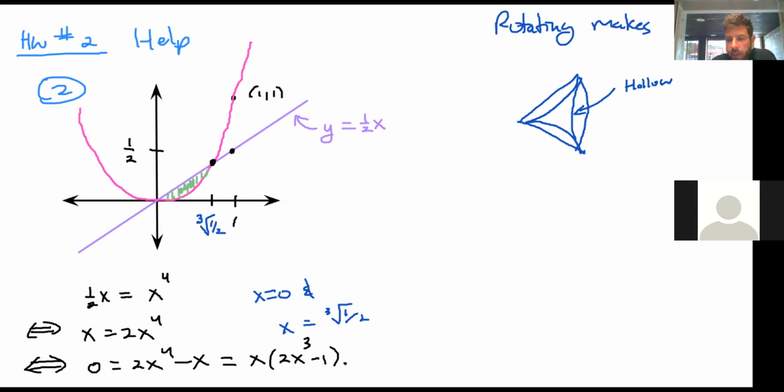And you'll notice that if you think about it, that's actually screaming at you, because if I take a slice of this creature, that's exactly what I'm getting. I'm getting a washer. My cross section looks like this. It's a washer.